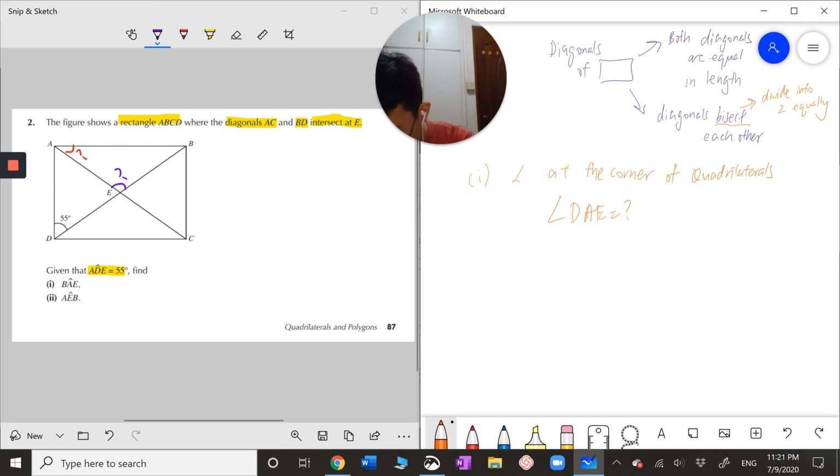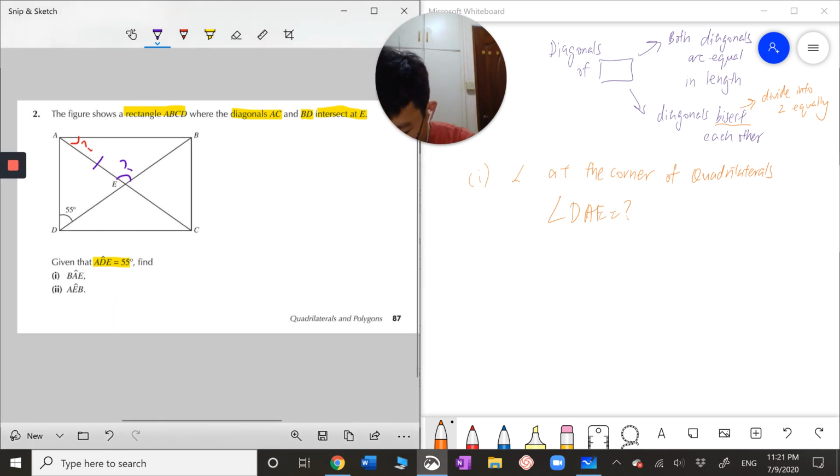I know that diagonals bisect each other. So this means AE is equal to EC. And since the diagonals of the rectangle are equal in length, when they bisect each other, it means this one will be equal as well.